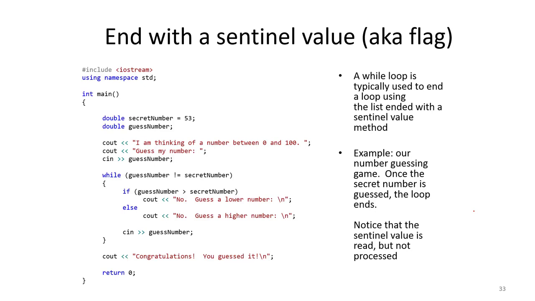Next one, ending with a sentinel value. So here, we see an example in this guessing game. In this particular case, the sentinel value is the number we're trying to guess. And so our loop will actually keep going until the secret number is guessed.